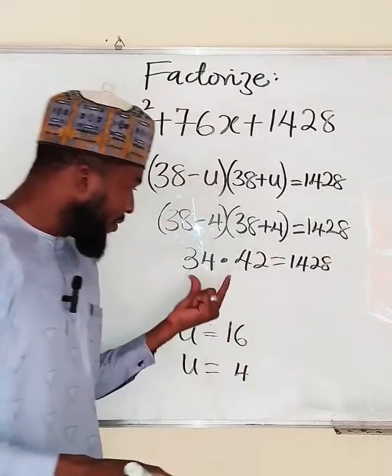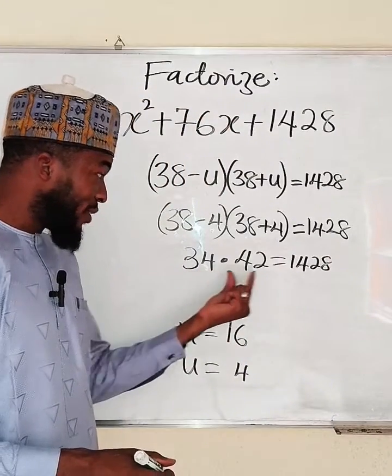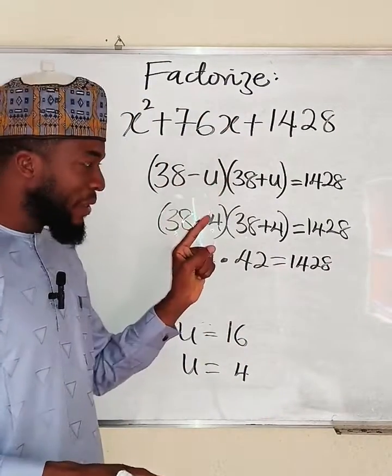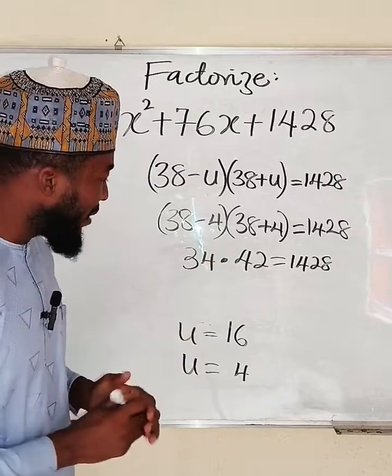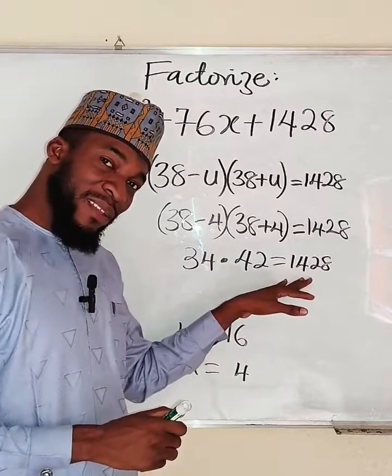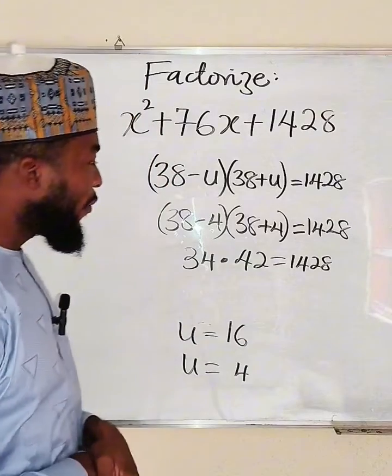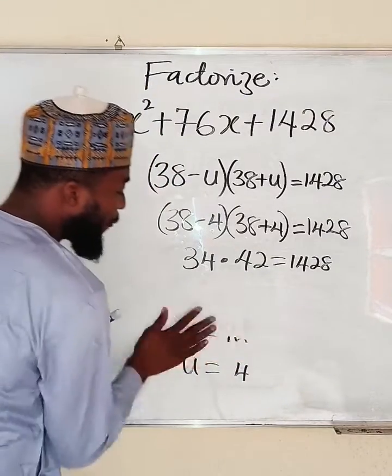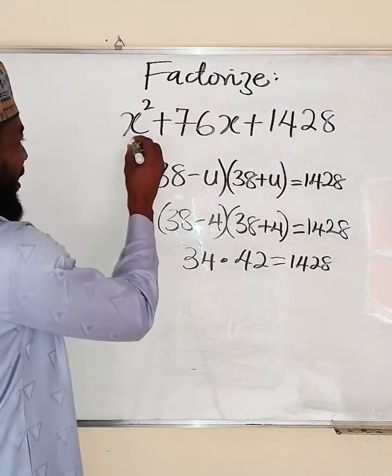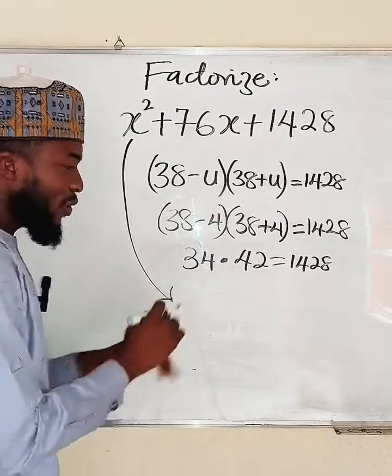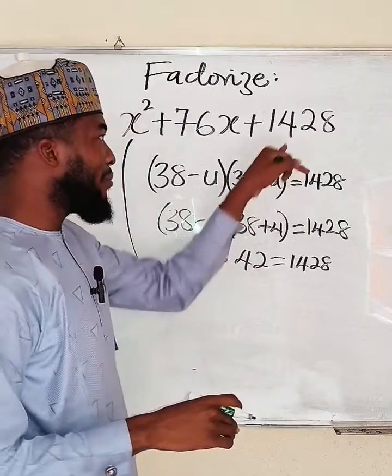Because I know that 34 plus 42 will give us 76. But the only thing we want to confirm is that, is the product the same thing as this? Just confirm that, because I know it must be 1428.